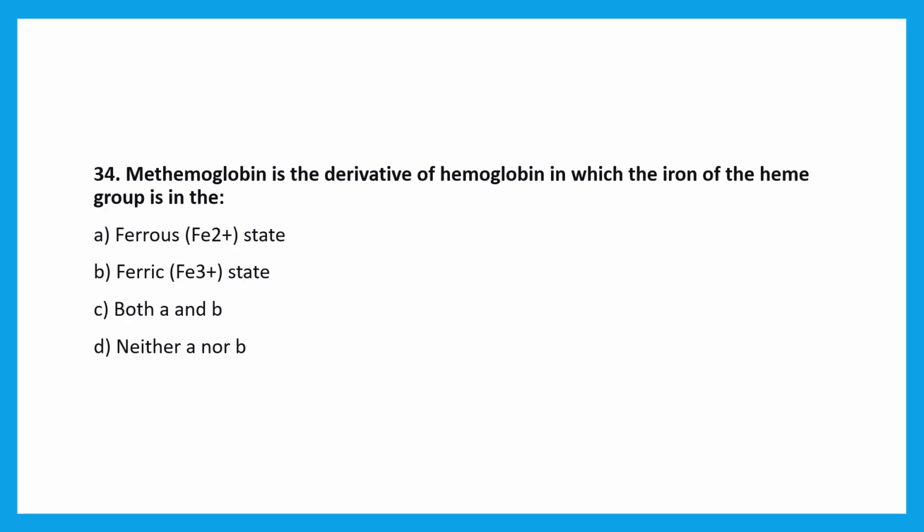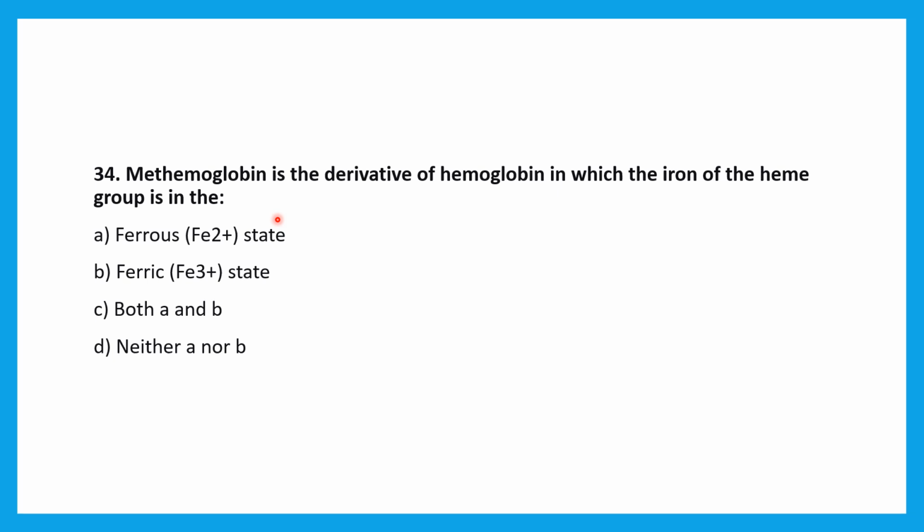Question 34. Methemoglobin is the derivative of hemoglobin in which the iron of the heme group is in what state? A, ferrous state, B, ferric state, C, both A and B, D, neither A nor B. Which answer do you pick? In normal hemoglobin, the iron is in the ferrous state, which can bind oxygen.